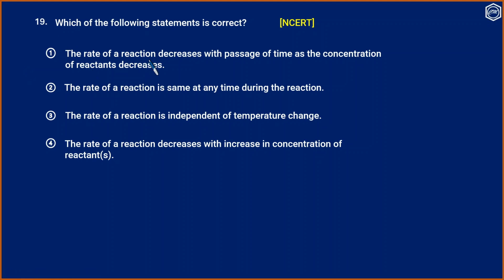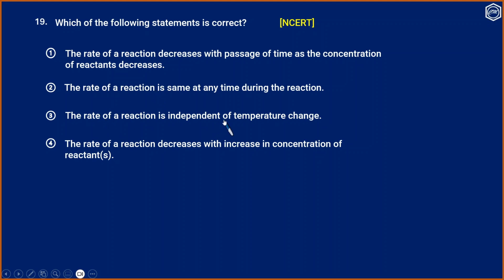We know the rate of a reaction decreases with the passage of time as the concentration of the reactant decreases. So option 1 should be a correct statement. The second one, the rate of a reaction is same at any time during the reaction, is not correct; this is applicable only for zero order reactions.